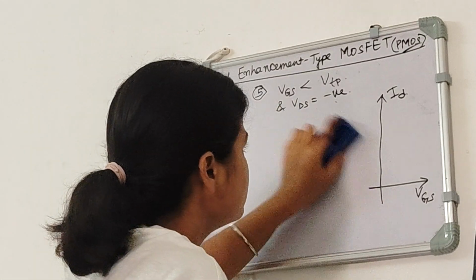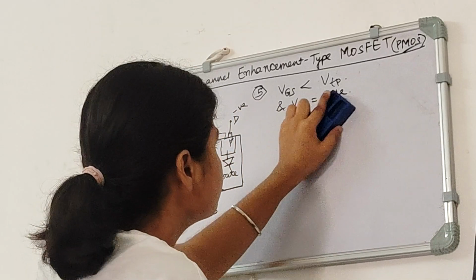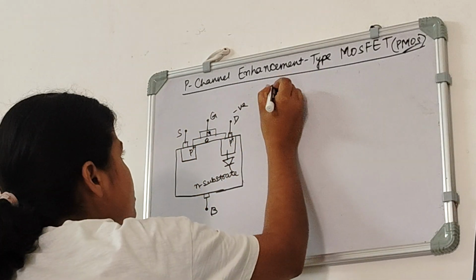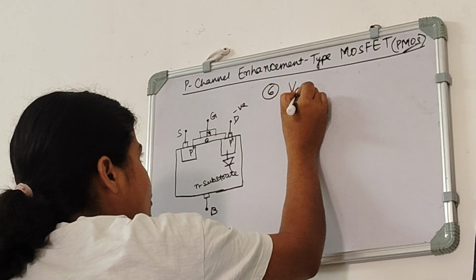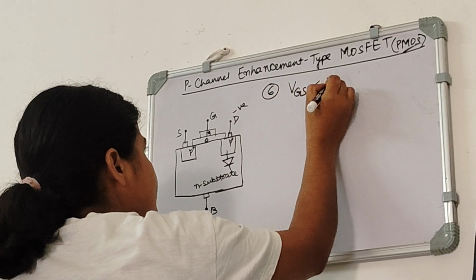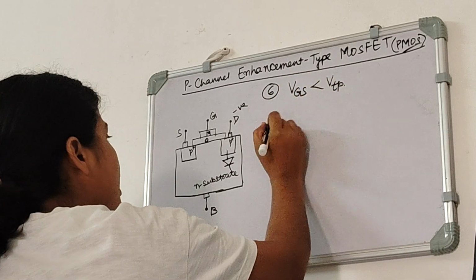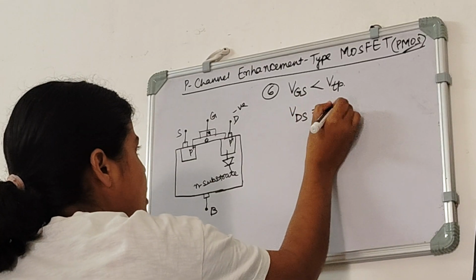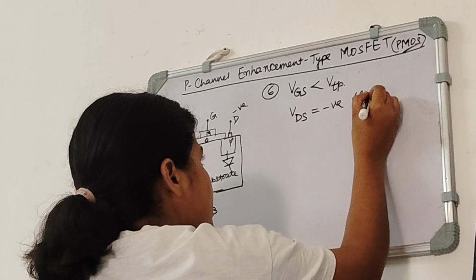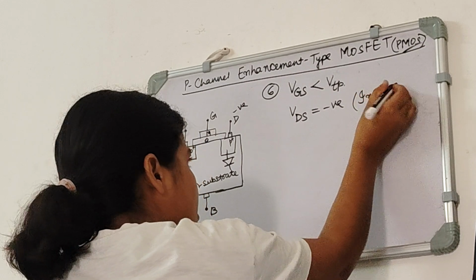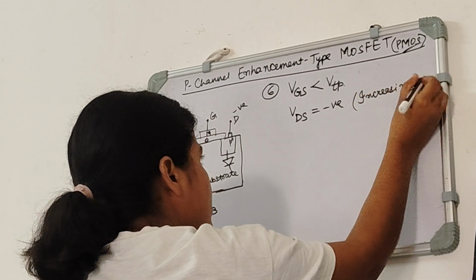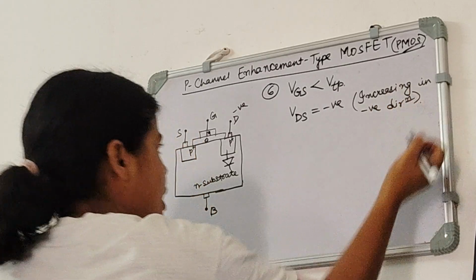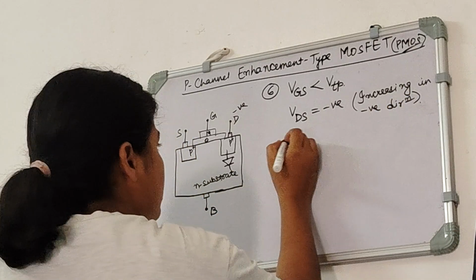Now we will see the sixth condition. So our sixth condition is that obviously VGS is less than VTP and VDS is negative, but it is increasing in the negative direction. That is, we are making our VDS more and more negative. So what will happen?